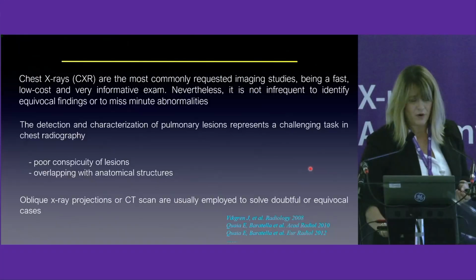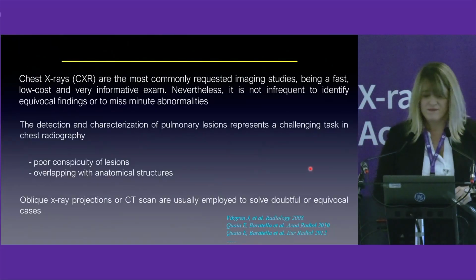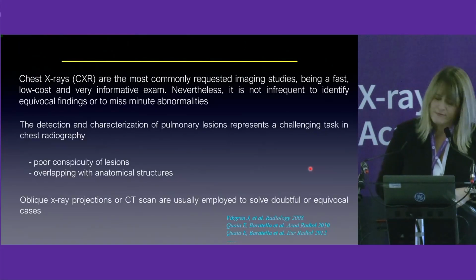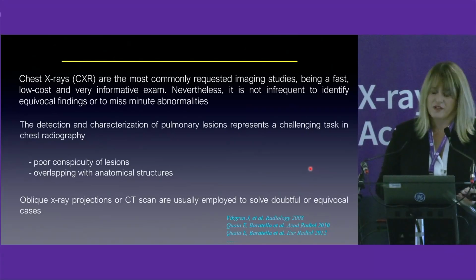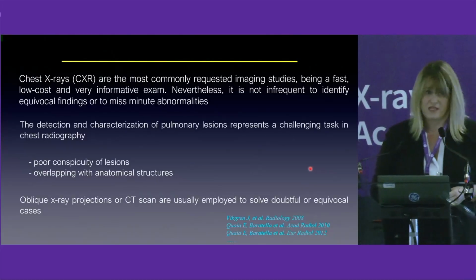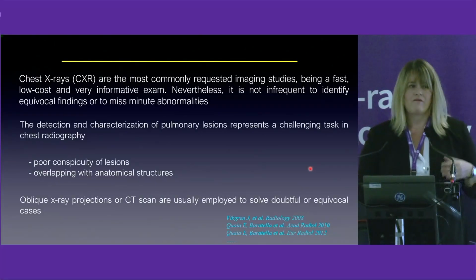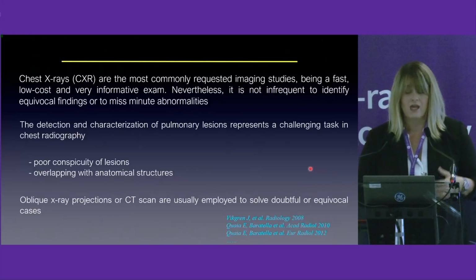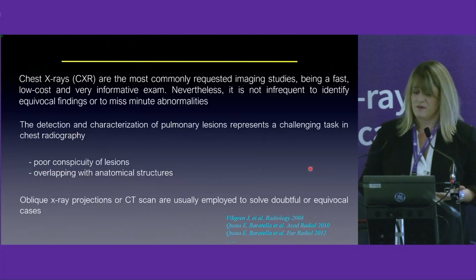However, there's a problem. With chest X-ray it's not infrequent to identify equivocal findings or miss some lesions. So that's the point. We have a very common imaging technique, very useful, low cost, a very informative examination.